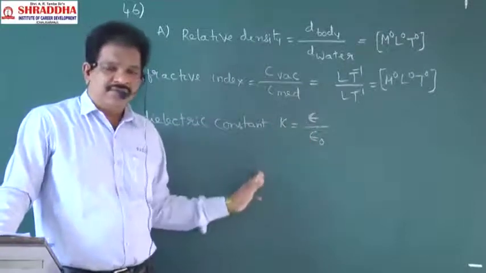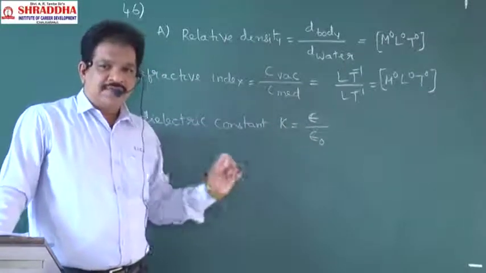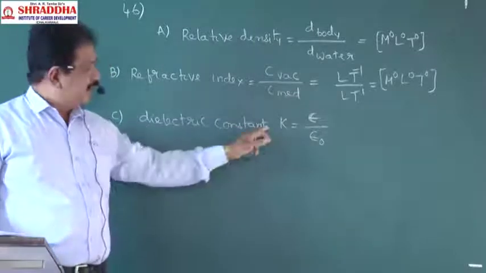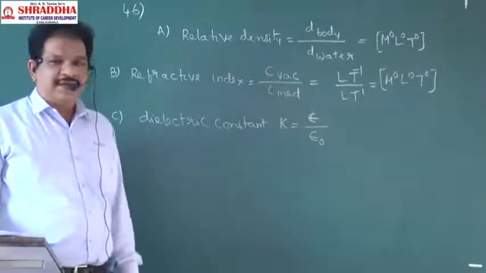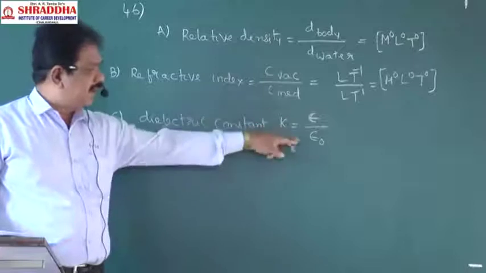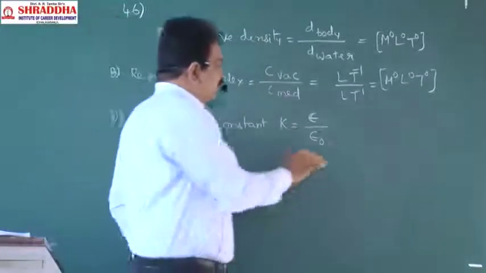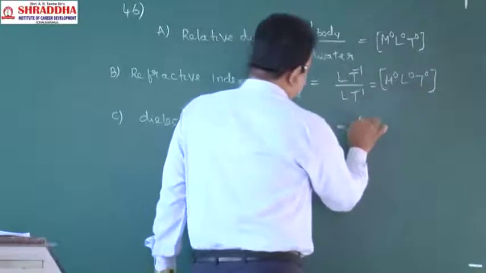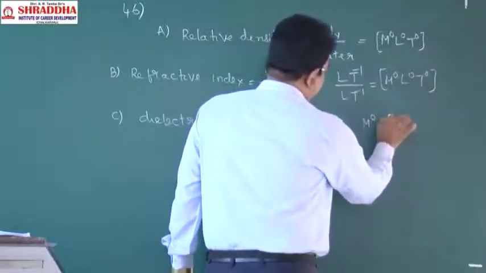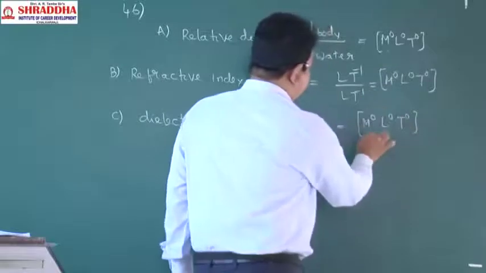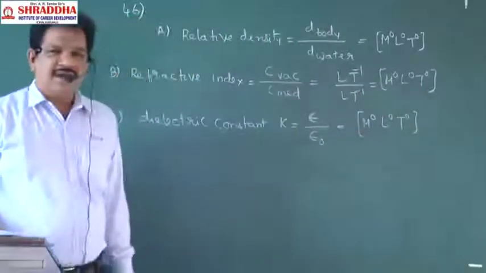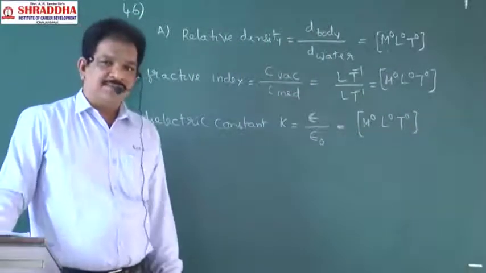We can represent it in terms of force, capacity, or permittivity. It is also dimensionless because epsilon and epsilon naught have the same dimensions.